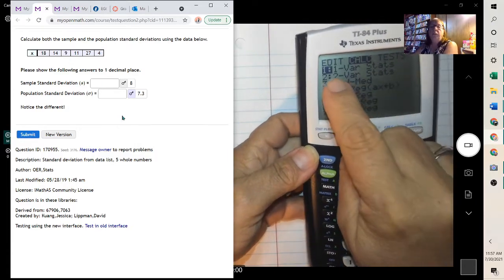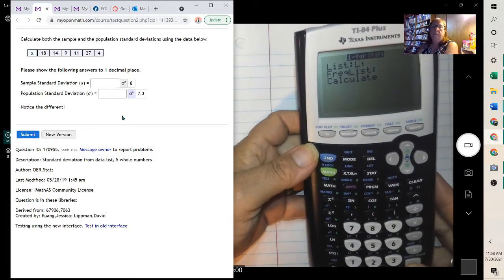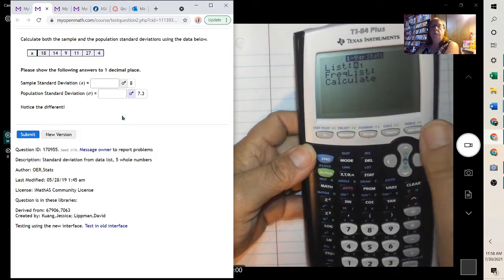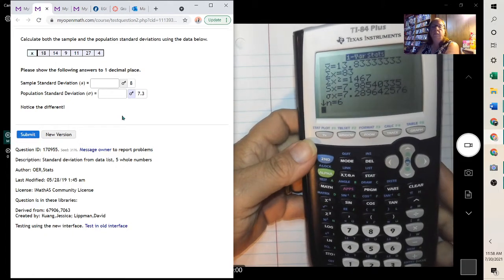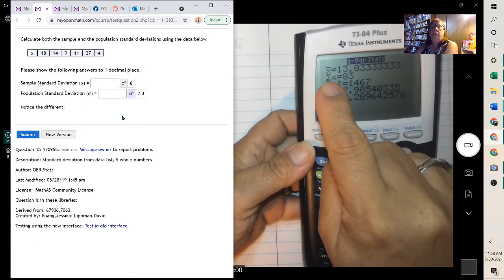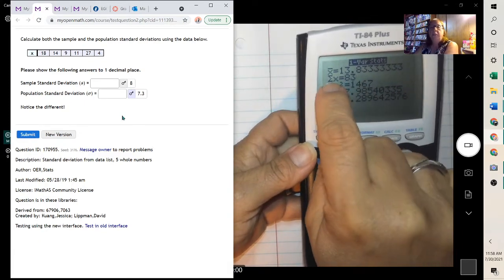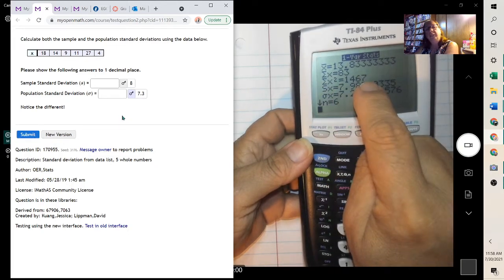And this will give you all your variable statistics. It's in list 1, and then just calculate. So the average is 13.8. If you needed to add them all up, this means the sum is 83. If you square them and then add them, 1467.